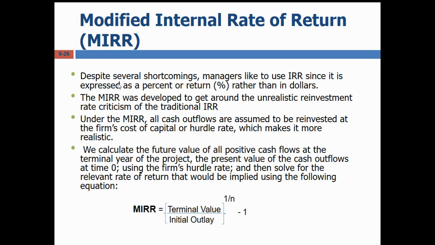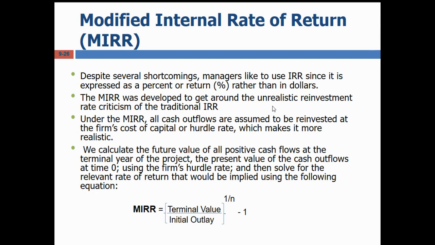So in order to get a solution for the weaknesses in IRR, they came out with the modified internal rate of return, MIRR. In MIRR, you tackle actually two of the weaknesses.